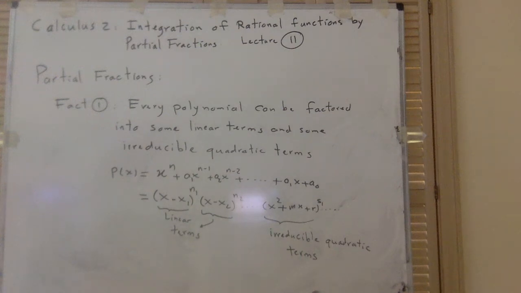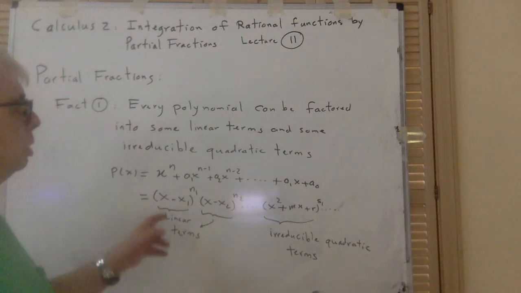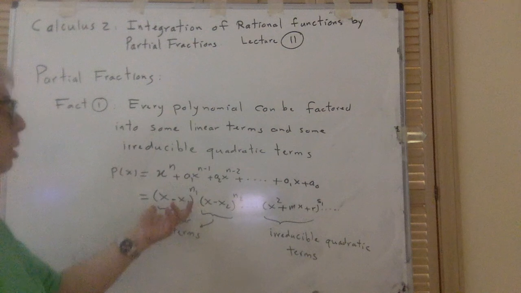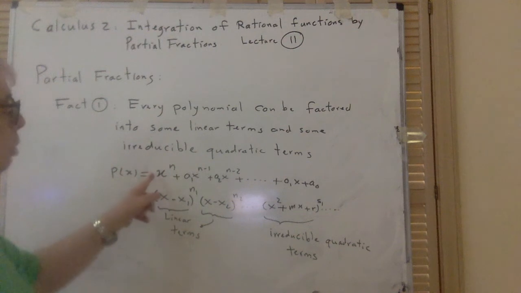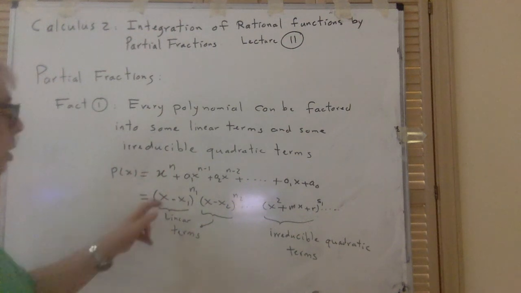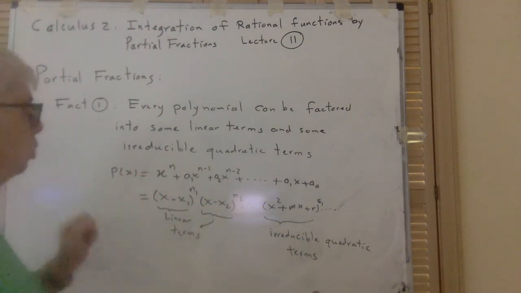It says that every polynomial can be factored into some linear terms and some irreducible quadratic terms. So if I have a polynomial like this, I can factor it in this way. I have some linear terms, and since I have x to the power n, the coefficient is 1, every one of them has coefficient 1.